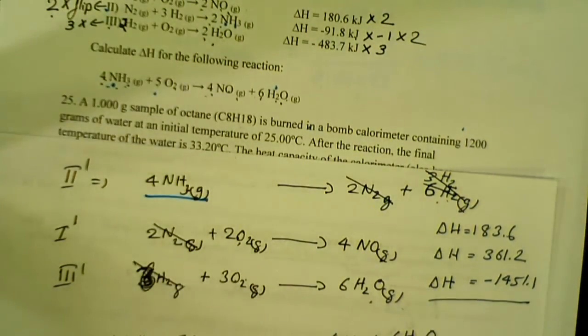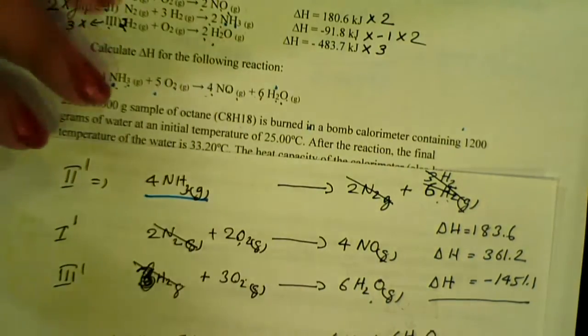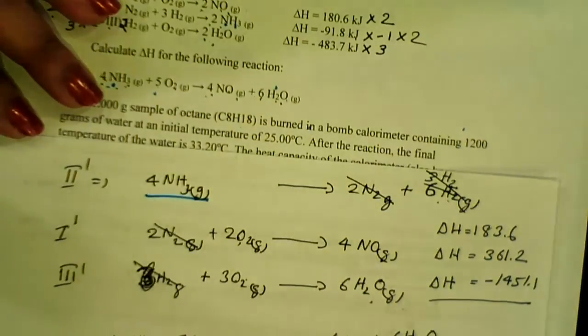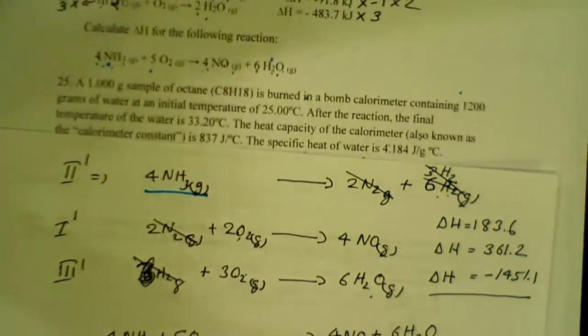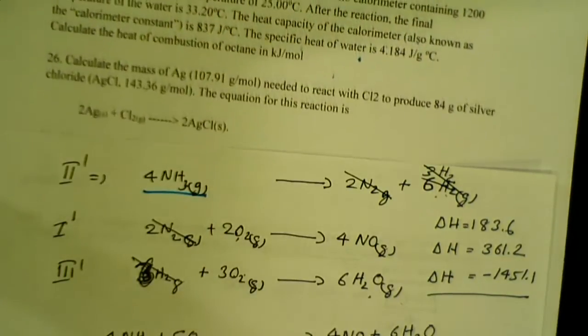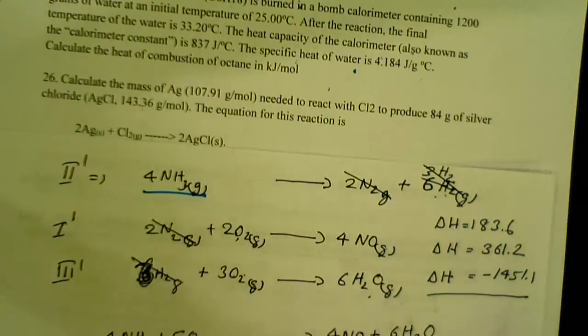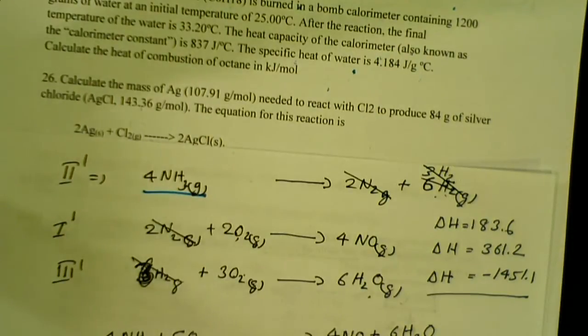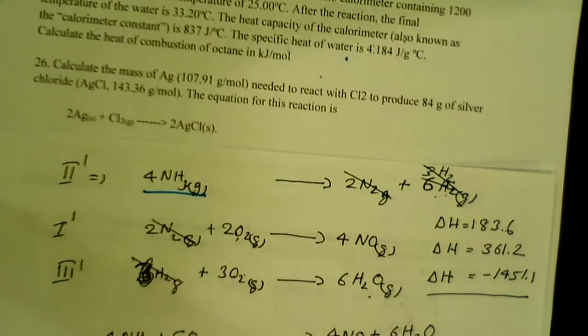So you have to add 183.6 plus 361.2 plus negative 1451.1, and you will end up with negative 906.3 kilojoules.